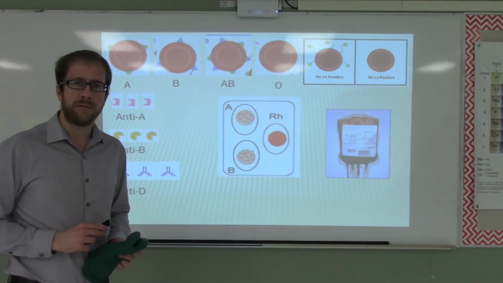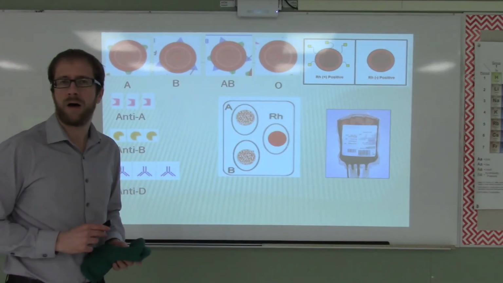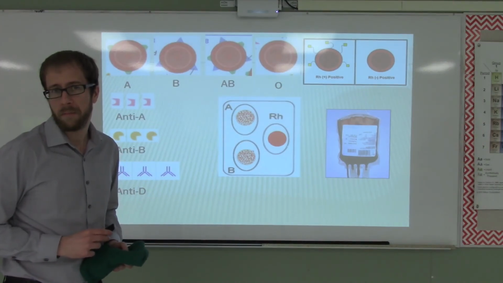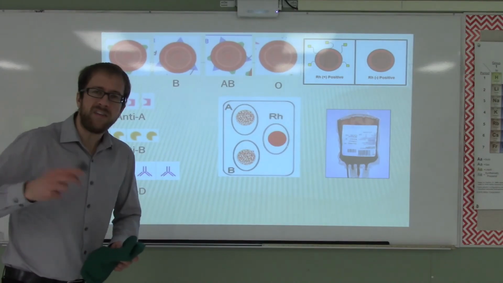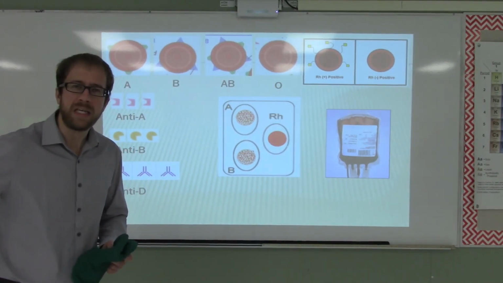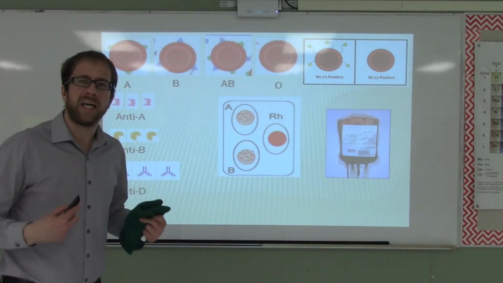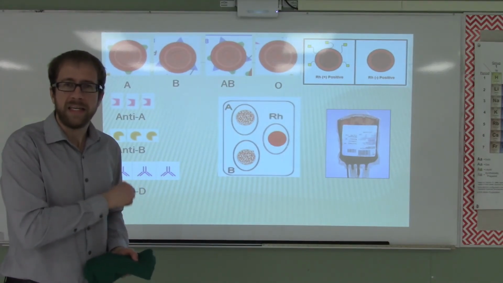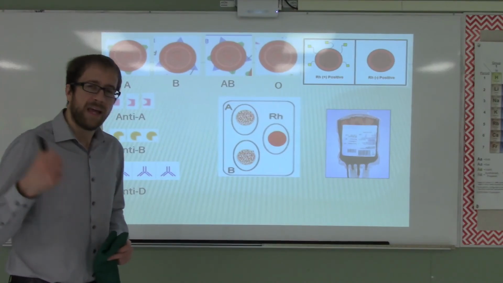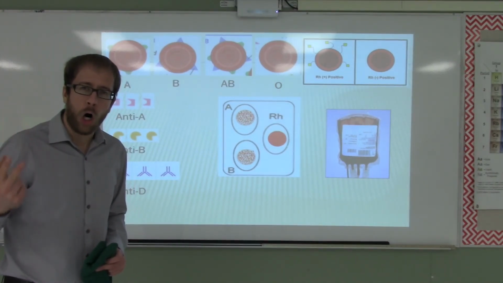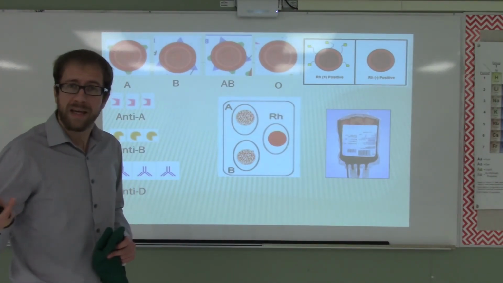If you're AB negative, can you receive from A positive? No. Why not? Well, it's because positive means you have the D antigen. So you can receive from any blood type that does not contain the D antigen. So you can receive from any of the negatives. You can receive from A negative, B negative, O negative, or AB negative.